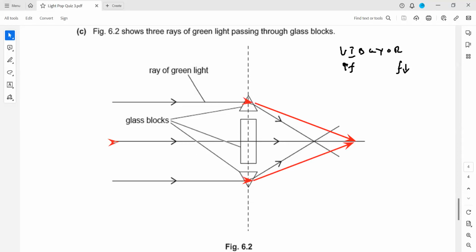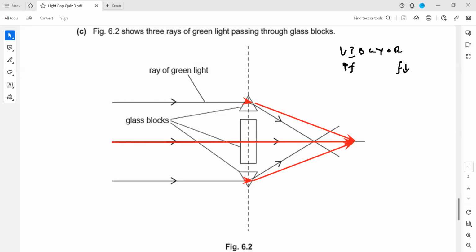And the one which is passing through the center will pass straight. Why? Because it is passing along the normal, so that won't change. The only thing that happens is that the bending of red is less than green, so it will show a small deviation. But the one passing along the normal won't change direction, it will only change speed.